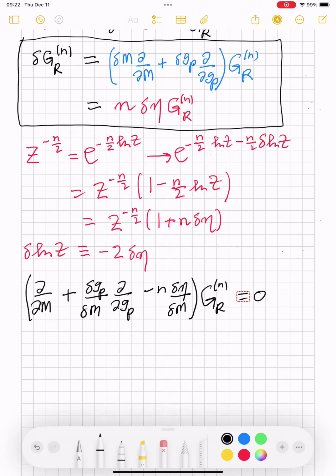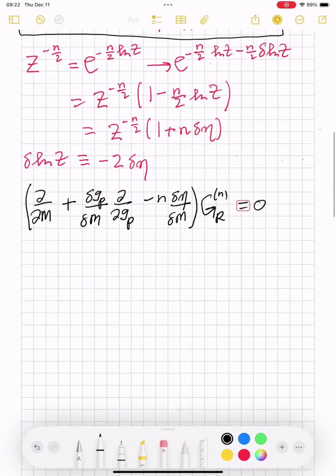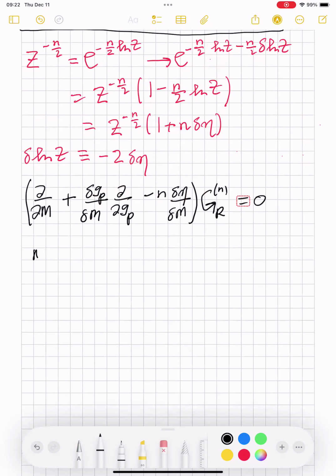Now we're going to manipulate this just ever so slightly. So we're going to multiply by m, so we've got an m d by dm. Then we're going to introduce some notation. So we're going to call beta to be m d gp dm, and then the second term becomes plus beta d by dgp.